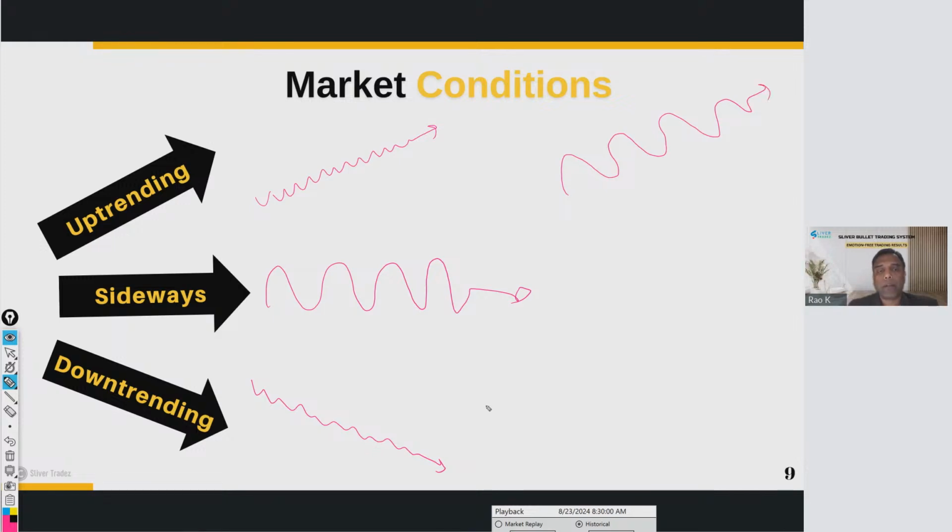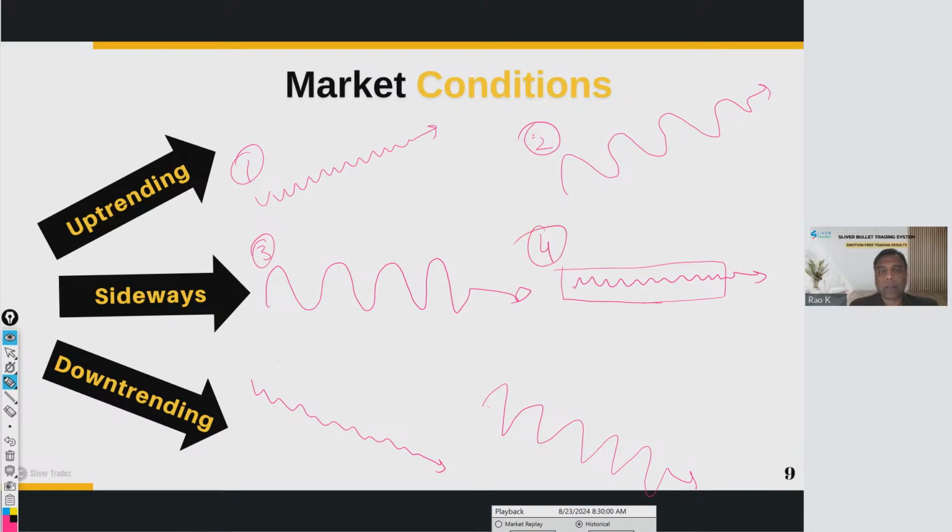Similarly, a downtrending market could be swinging, making swings, and could be going down, or it can remain sideways and not go anywhere. So there are these 6 flavors of market. Take any stock, take any instrument, everything moves in this fashion.